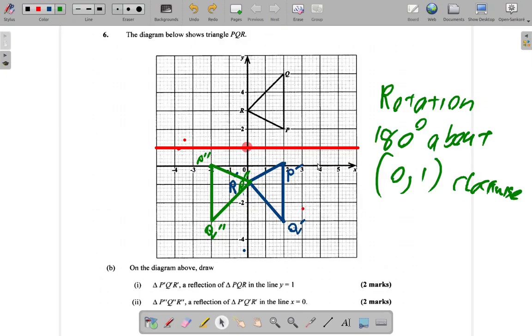Now when you say an enlargement of scale factor 2, it means that each side would be doubled in size.